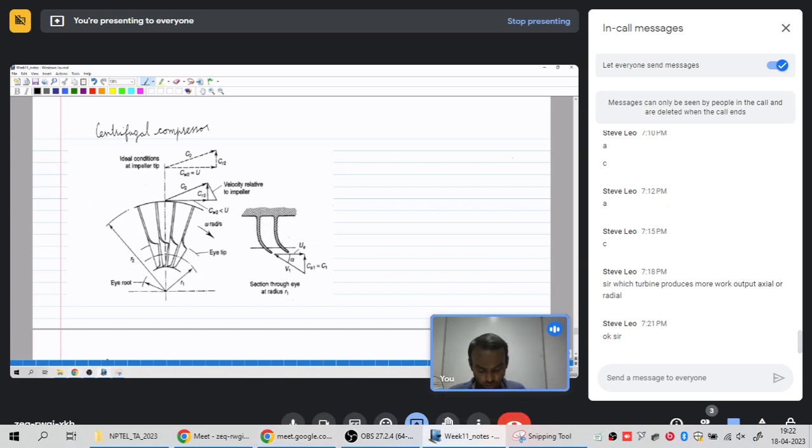Okay, so now this is the centrifugal compressor. You can see the blades here, right? These are the blades of the centrifugal compressor.